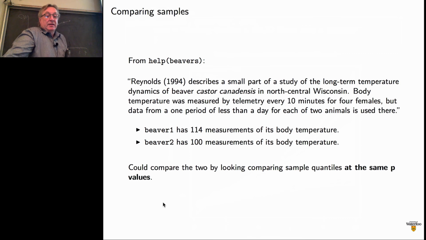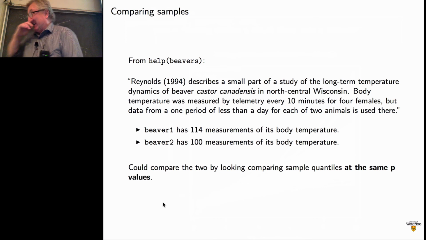I'm going to say, let's assume that the body temperatures of beaver 1 are whatever values that they are. Is it plausible that they came from the distribution that generated beaver 2, whatever that distribution is? Or the other way around. The values for beaver 2, do they look like they plausibly came from the same distribution that generated the values of beaver 1, whatever that is?